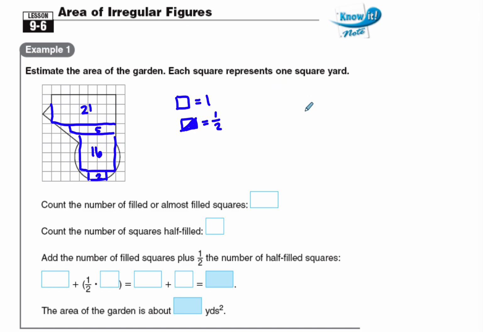All right, so let's see about how many I have. 21 plus 5 plus 16 plus 2. And when I add all of those together, that gives me about 44 filled or almost filled squares.